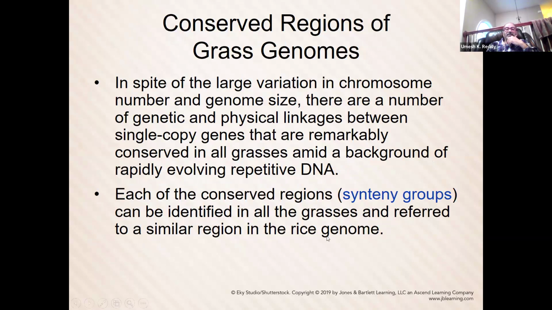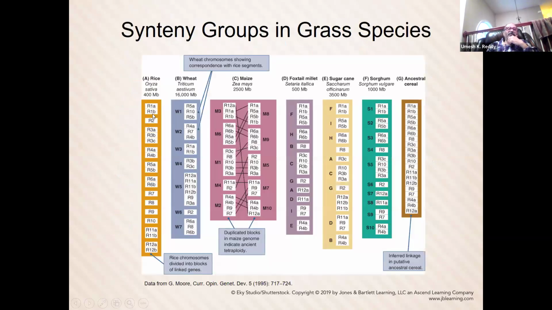So rice has the smallest genome, and then we can see how the rice genome sequence is shared between different chromosomes of various grasses. So here, for example, is the total genome sequence of rice. R1A in the sense of chromosome 1A, half of it. Chromosome 1B in the sense of chromosome 1, half of it. Chromosome 3, three different parts.